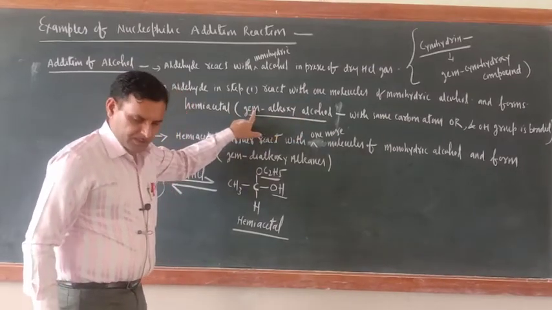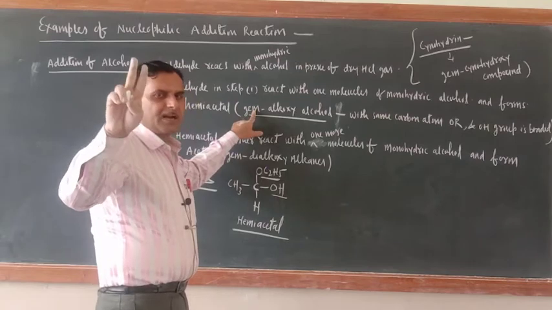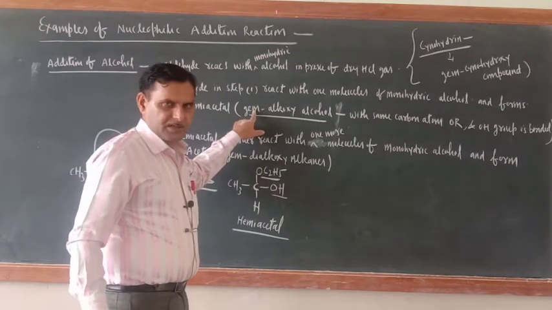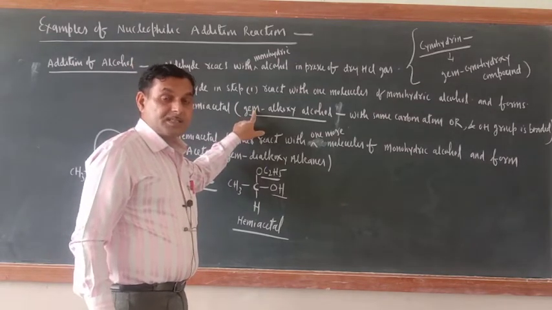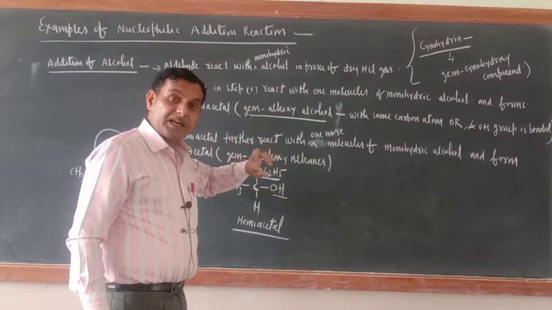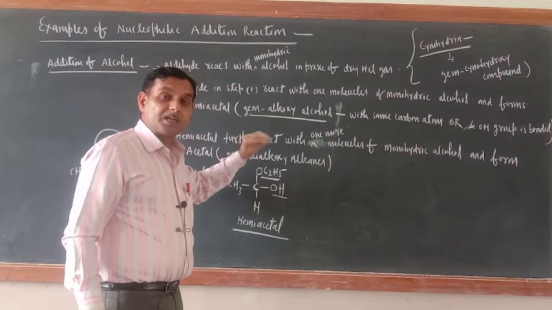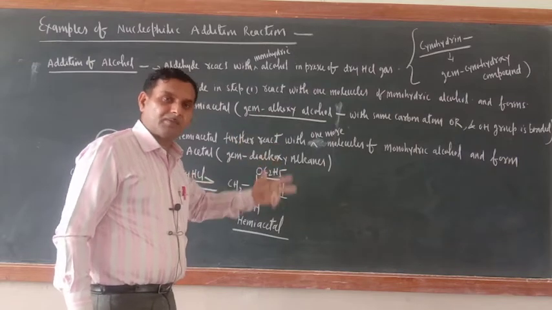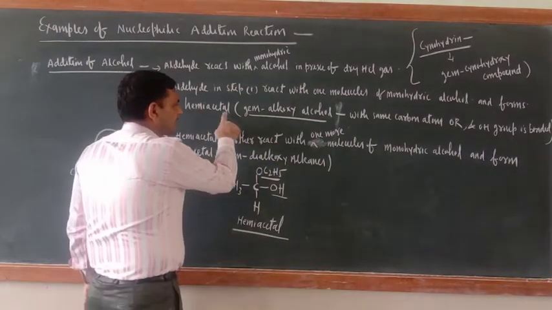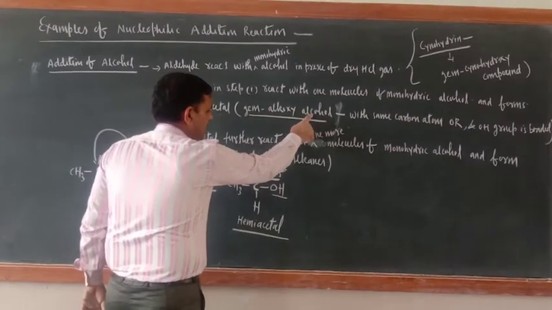Now I used the words gem and vicinal in unit number 1 of organic chemistry. Vicinal means when the same group is attached to a neighboring carbon atom. Gem means when groups are attached to the same carbon atom. So hemiacetal means gem alkoxy alcohol.